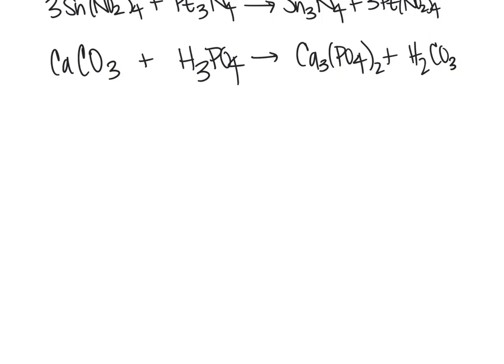Welcome back. So now we're going to do the same thing. But before you do anything on one that's this complicated, let's look at, with our highlighter, where we see components on both sides. So this carbonate molecule that I'm putting a green box around, we can find here and here. So we can leave that all bundled together. We can also find the phosphate ion on both sides.